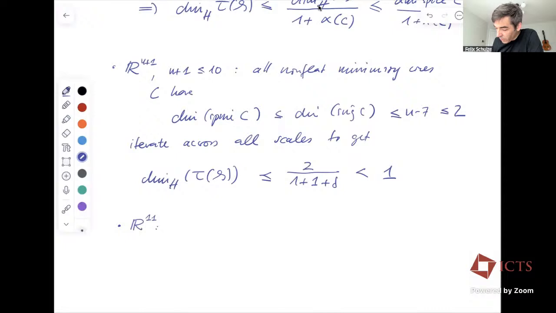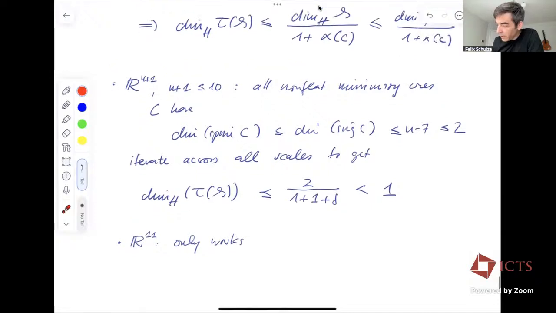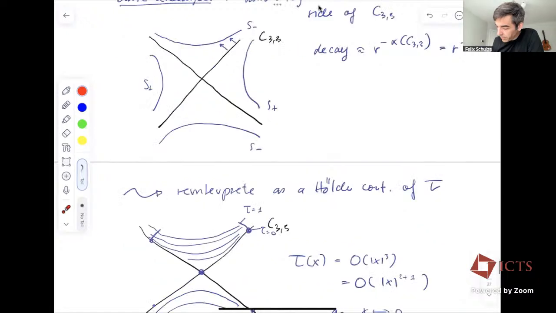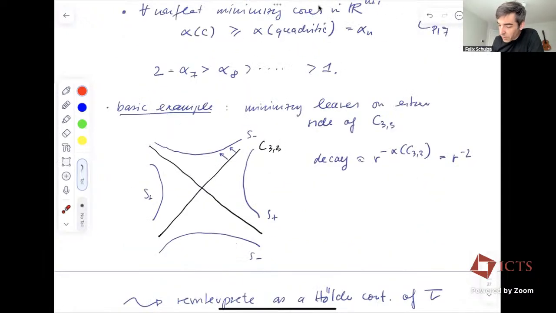So this only works on scales. Now you see in dimension 11, the spine can be 3-dimensional. And you can check here, the worst case is that you split off 3 dimensions.